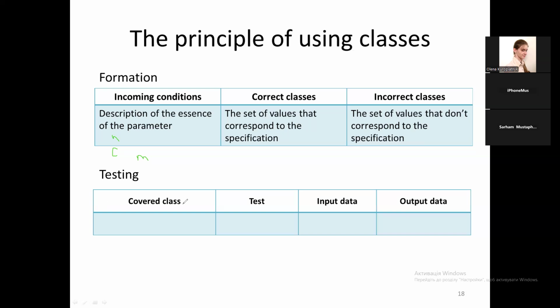In the column that is called covered class, I write the number of the class. In the second column, I write some identifiers of test or test cases, for example the first, second, third, etc. After that, I describe the input data value and the output data value that I expect in this test.